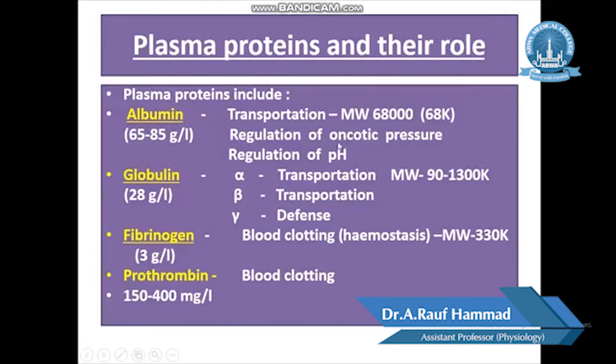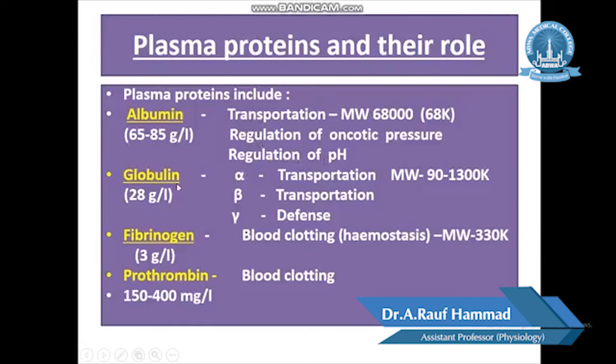So the oncotic pressure means the osmotic pressure exerted by the big particles like proteins and albumin. It also regulates the pH of the blood. So it is a function of the albumin.